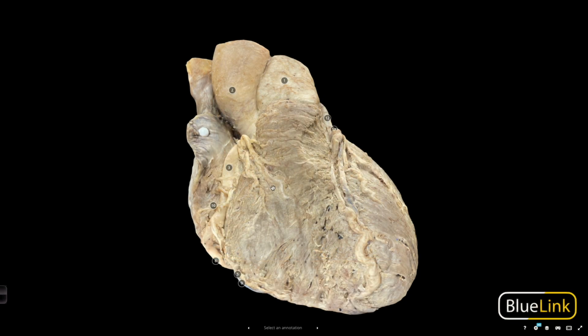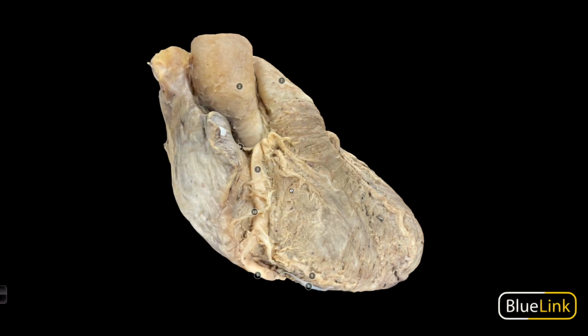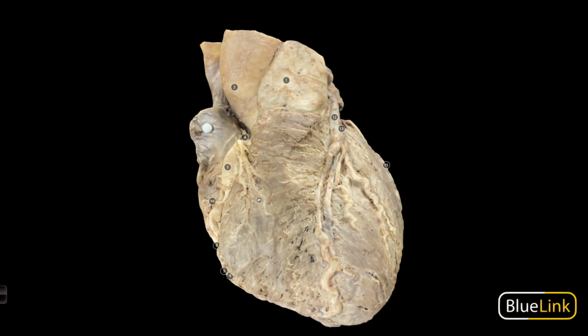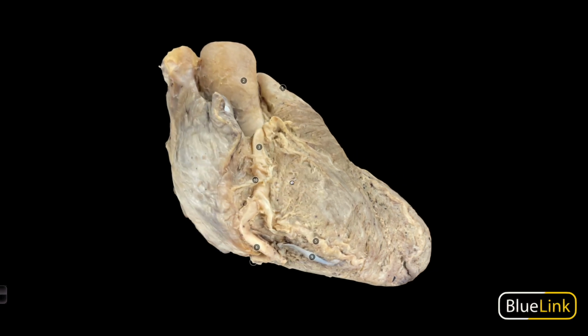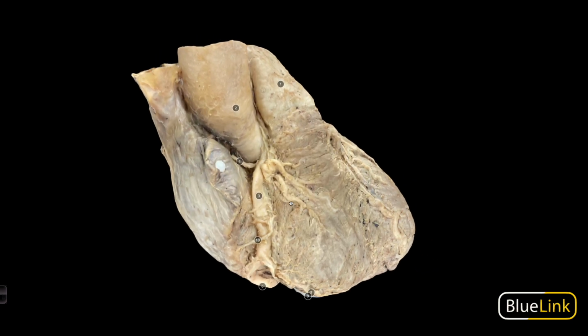Let's take a look at this donor cadaveric heart. We could rotate it around and show some of the portions to it. I'm going to tilt it like so. Here is the ascending aorta, and we can't see the origin of the RCA, but it's going to come out around there.